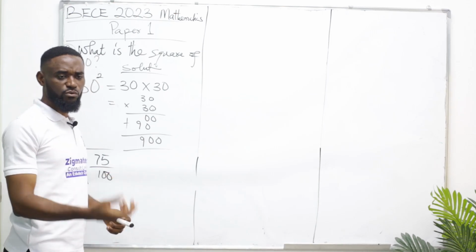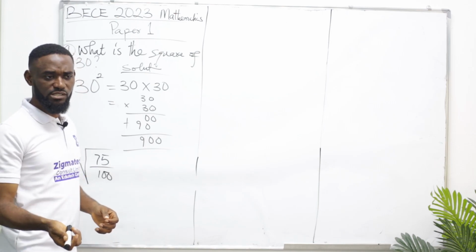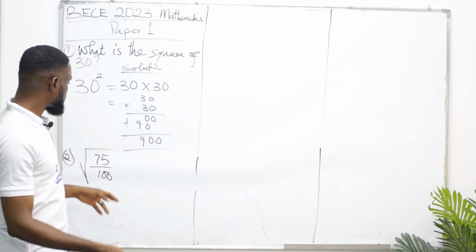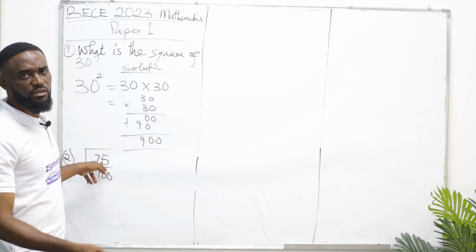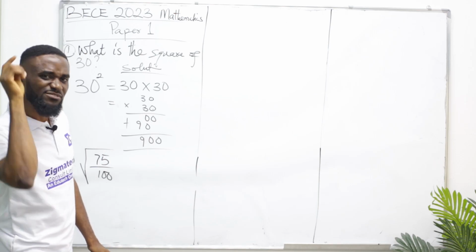Numbers that have square roots should first of all be perfect squares. But you can see that 75 is not a perfect square. 75 does not have a number that when it multiplies itself gives 75.